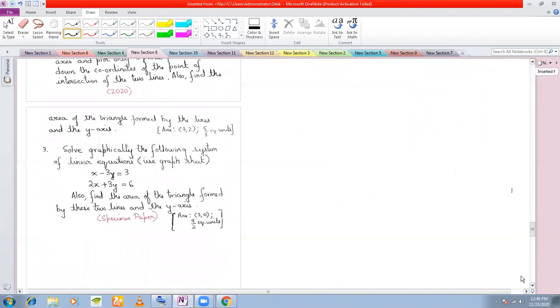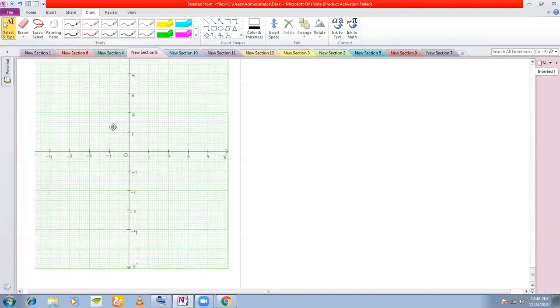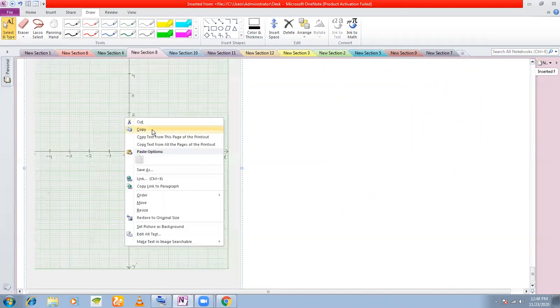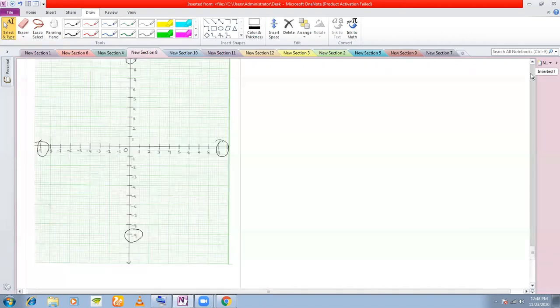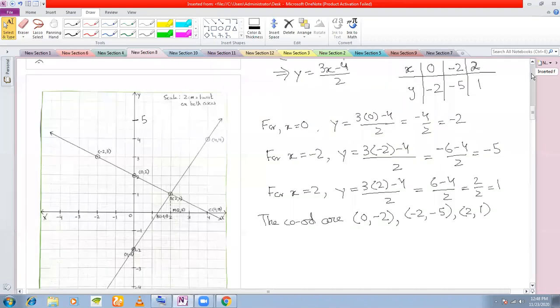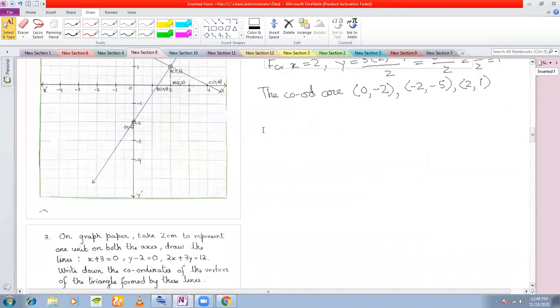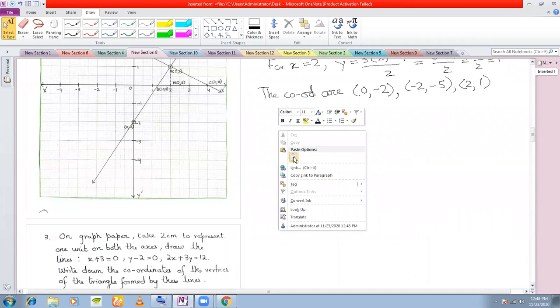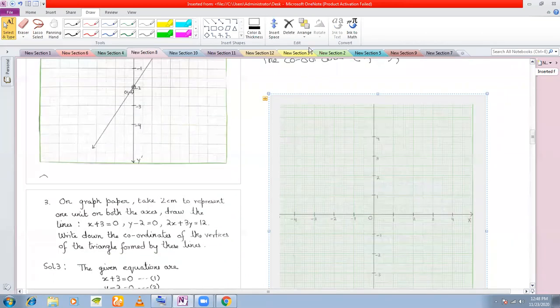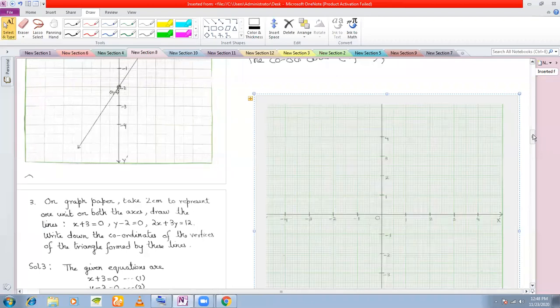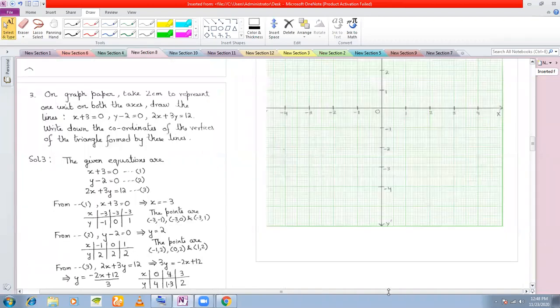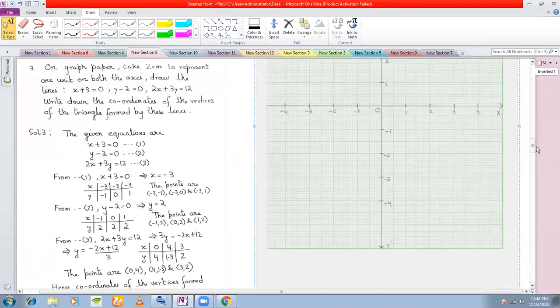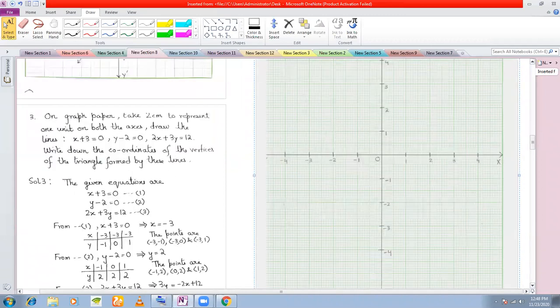We'll plot this on this graph paper. So for the first equation, what are the points here?